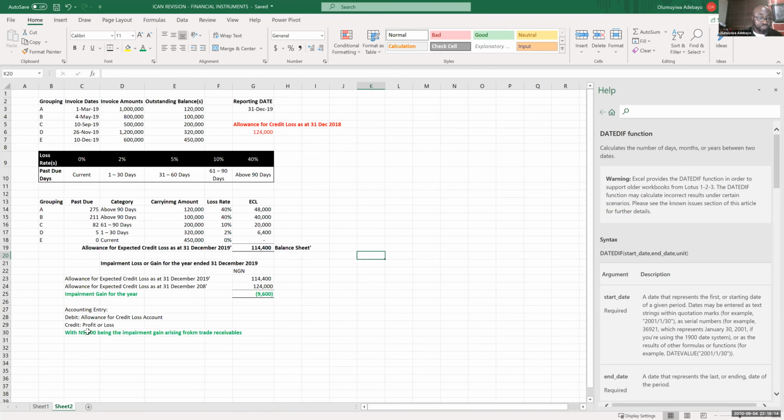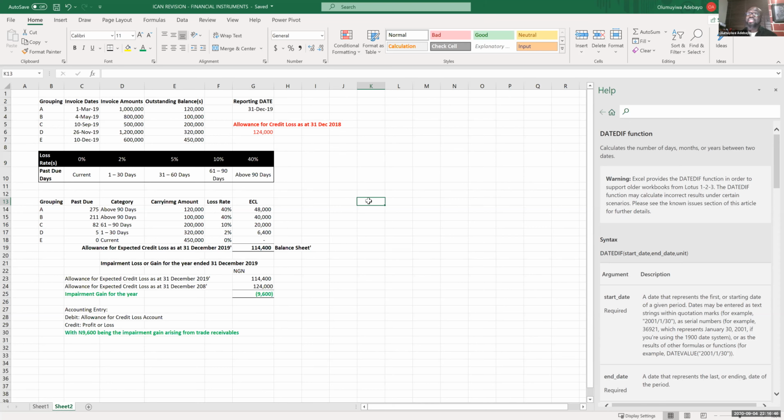Okay, sir. So the question I'd like to ask is, for impairment, the one we did initially was for the lifetime. If it's not lifetime, we are going to be assuming just the one for 1 year. No, not with the simplified approach, with the general approach.